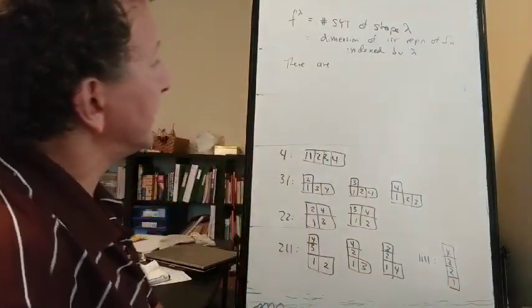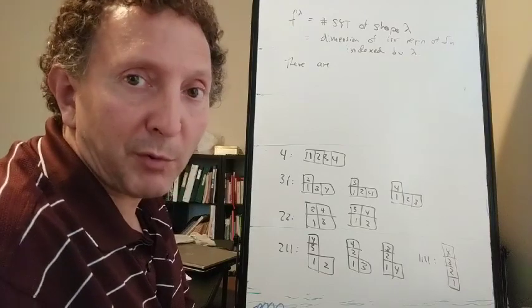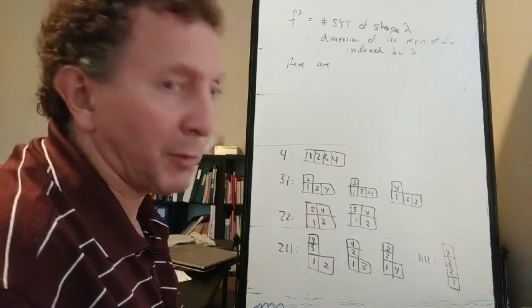Now there's infinitely many irreducible representations, because whenever we think of one irreducible representation, we can conjugate it by any invertible matrix that we want.